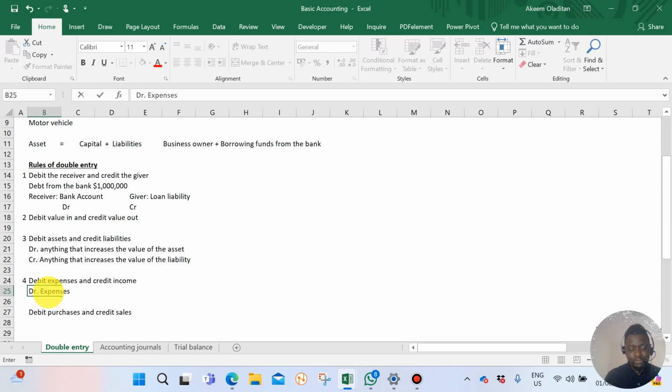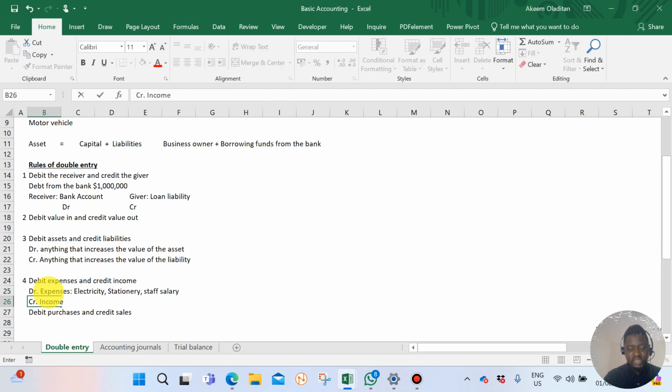Expenses maybe like electricity when you pay for it, maybe you pay for stationery, staff salary. These are common expenses that the business can incur at any point in time, and you credit income.